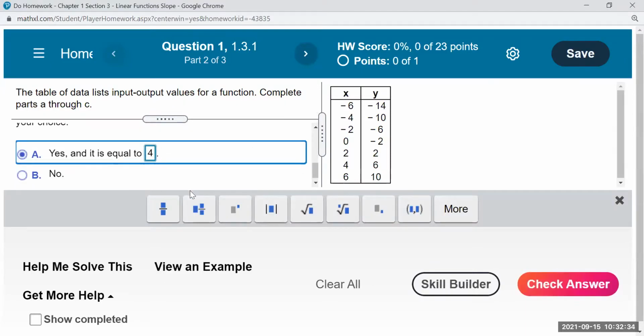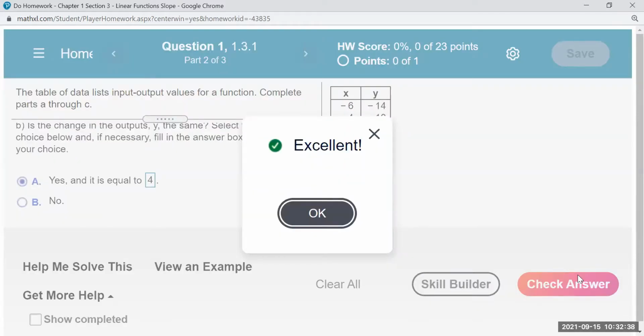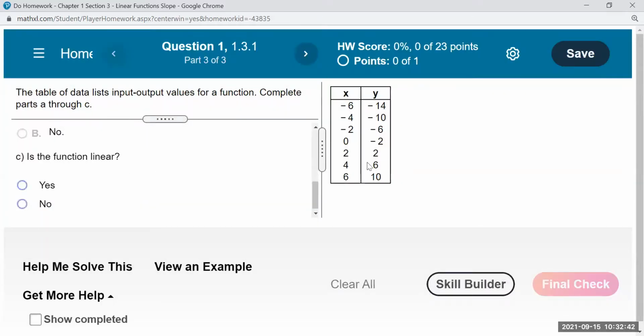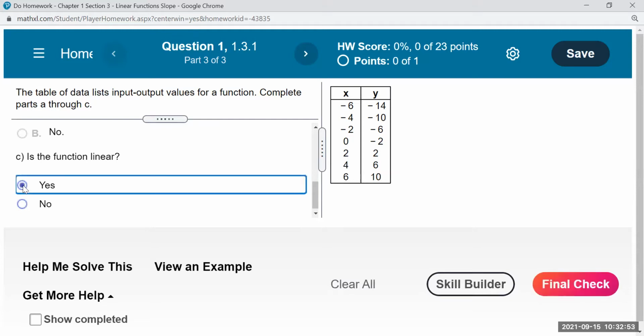Now, here's the question. Since both of those have constant differences, what does the table tell us? Is it a function? Yeah, it's a linear function if all the x's have the same difference and all the y values have the same difference.